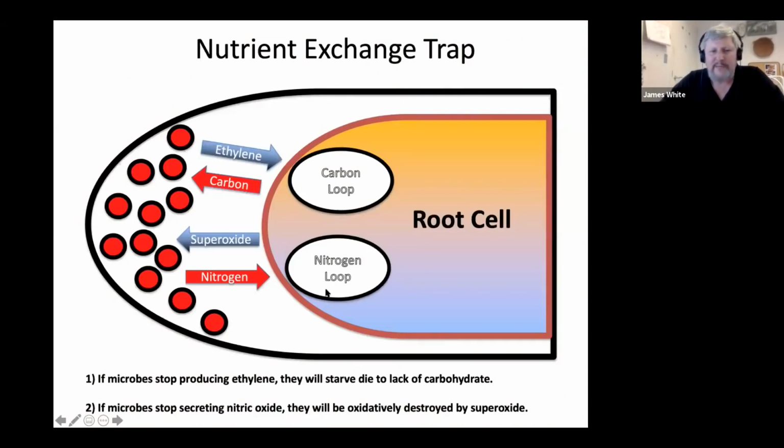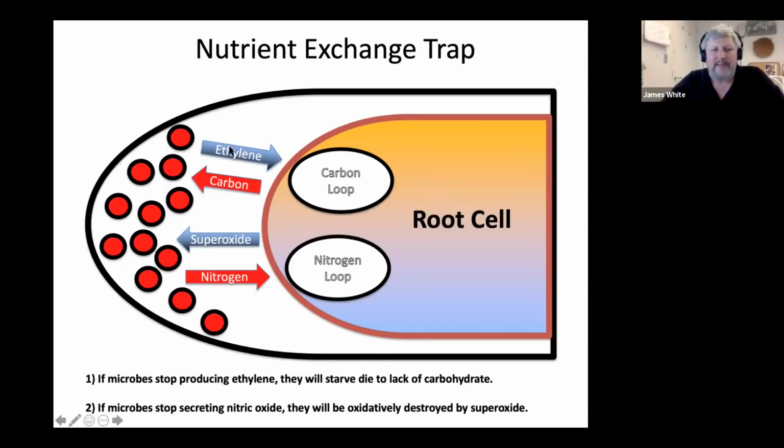These interactions, when taken together, represent a kind of a trap for these microbes. Again, the plant is in control of this process, because if the microbes in here secrete ethylene, they get sugar, this carbon, they get those nutrients. If they stop secreting ethylene, they don't get it. They don't get nutrients, and they starve, and growth ceases, and they can't replicate.